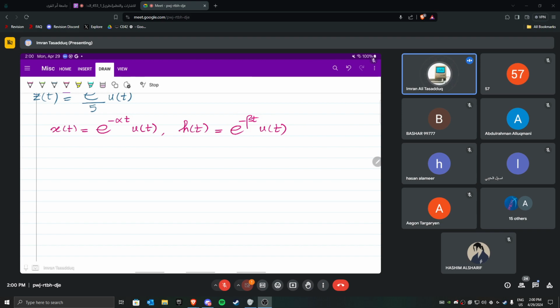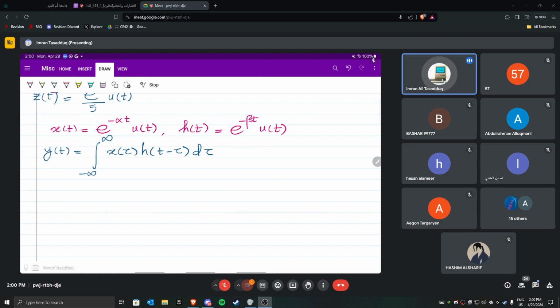First of all, we write the formula. The formula is that y of t is given by the integral from minus infinity to plus infinity of x of tau into h of t minus tau d tau.